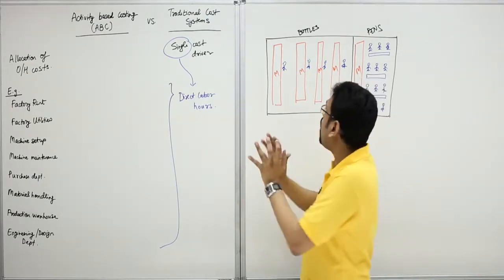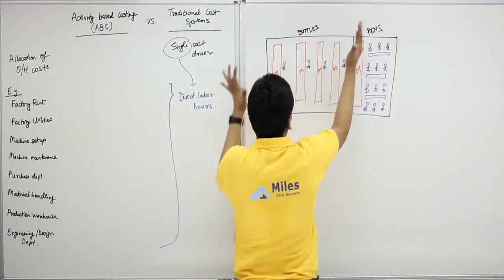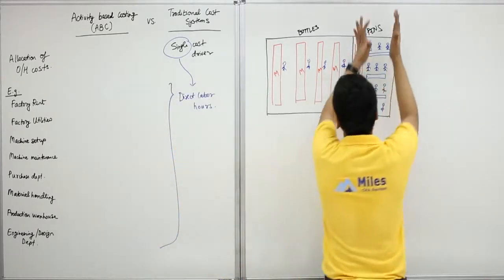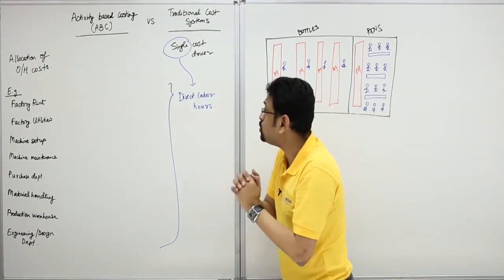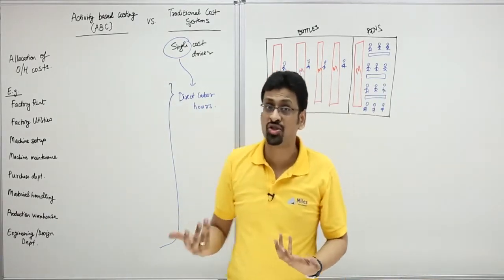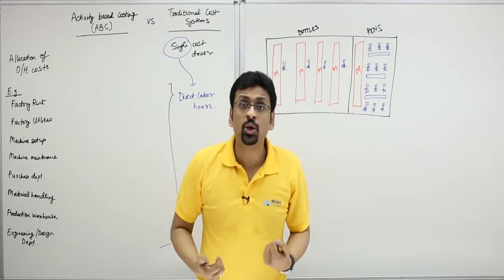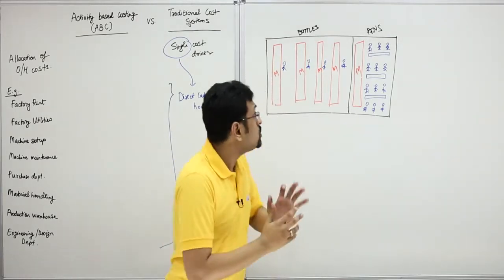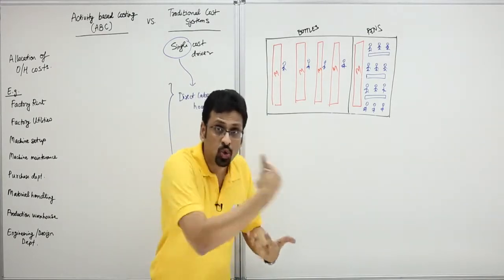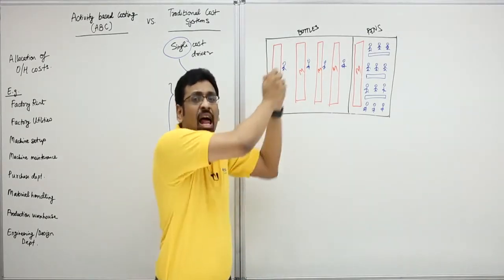Even though the bottles product line seems to be using a lot of the factory space, the pens product line is not even using a third of the factory space. So instead of using direct labor hours as a cost driver, how about we use square footage of facilities as a cost driver? So the more square footage a product line uses, the more factory rent gets allocated to it.